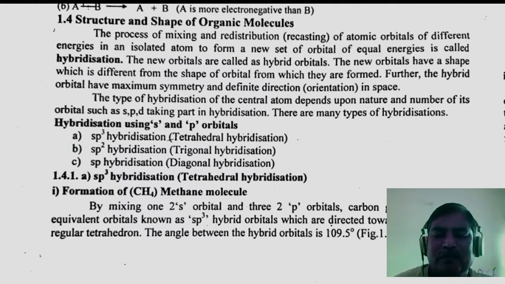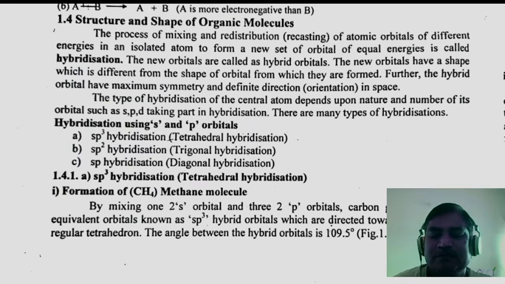So these are the three basic types of hybridization, and all of you are much more familiar with them.